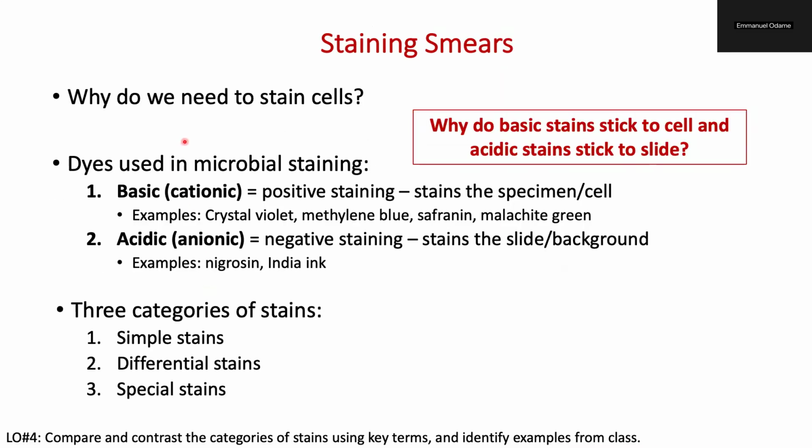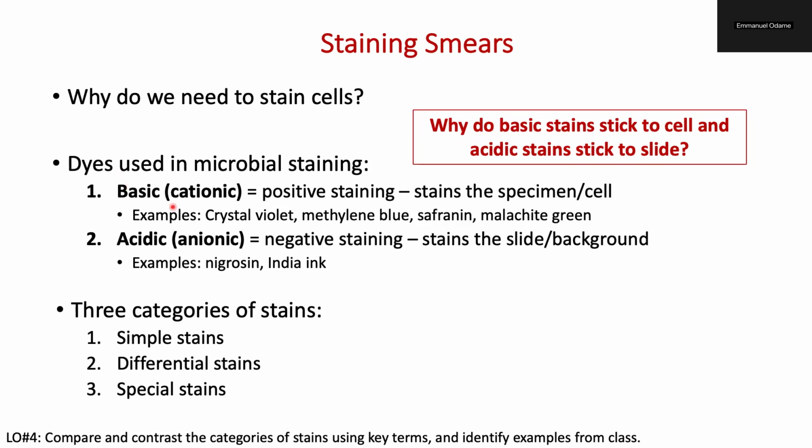So why do we need to stain these cells? You stain the cells in order to see what you need to see. Are you trying to see the cellular structures, or are you trying to study every single part of the cell? To stain these cells, you will need dyes to do this job. The dyes we use are categorized into two.